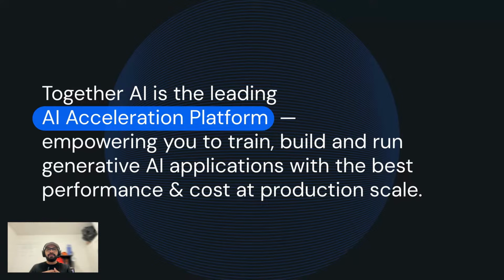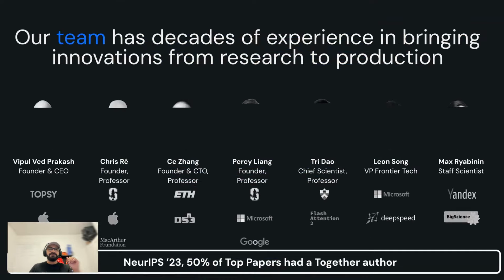We provide everything from bare metal GPU chips all the way up to the actual engine that allows you to run those models as quickly and efficiently as possible. So we're basically an AI native cloud that allows you to build with and build Gen AI models.